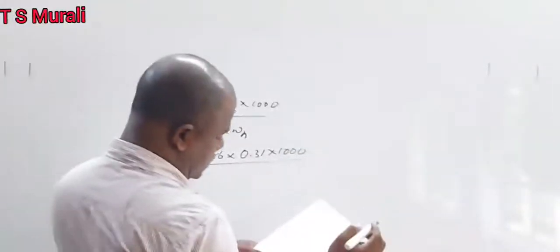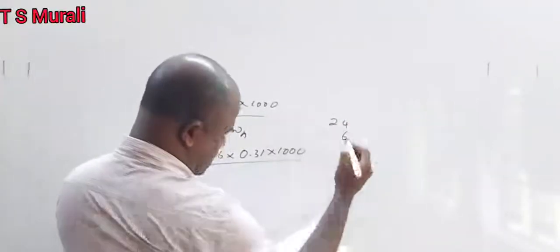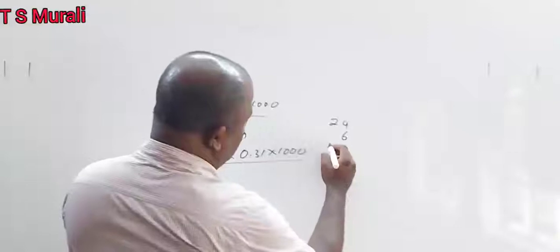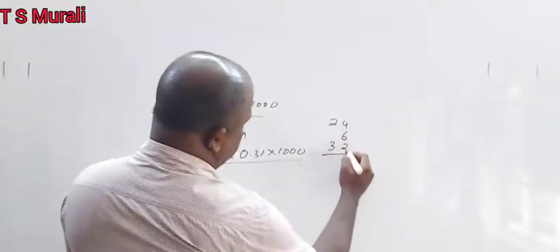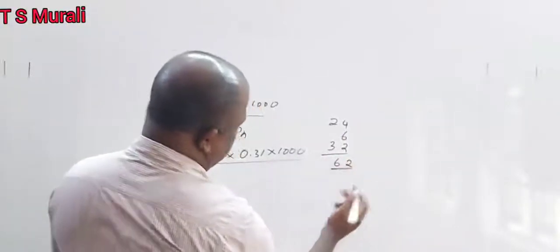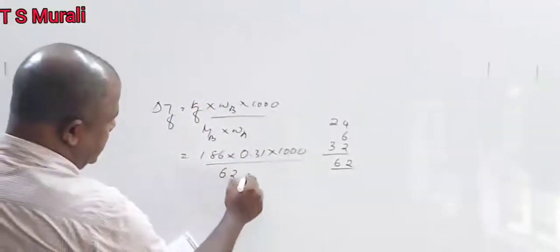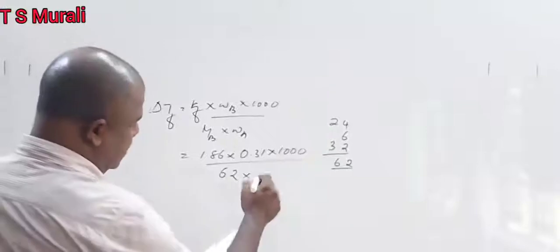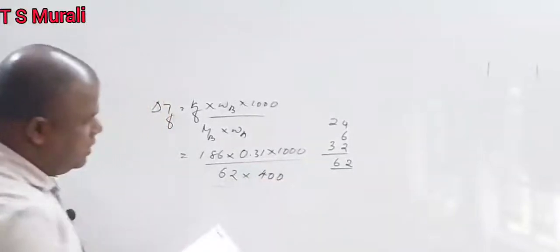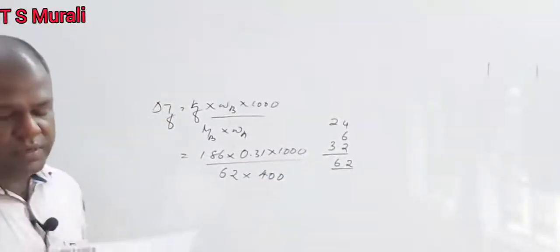C2 means 24, H6 is 6, O2 is 32, so 62 is the molecular weight. You can cancel easily. 62 into WA, the weight of solvent, 400. Solve it. You are getting delta Tf, but that is not the answer.